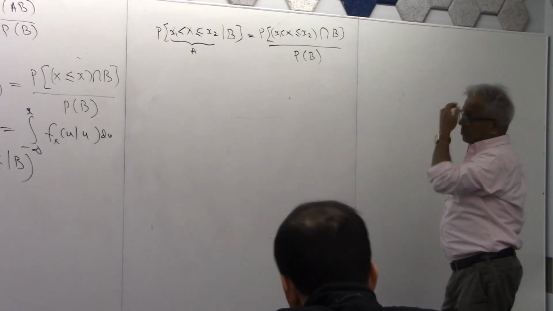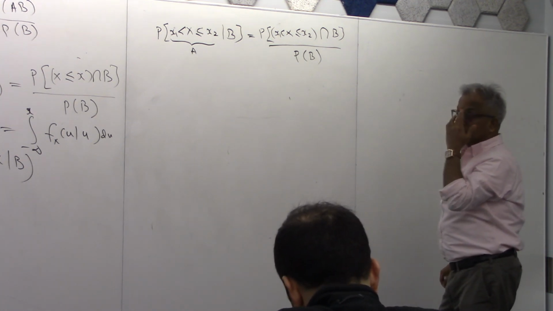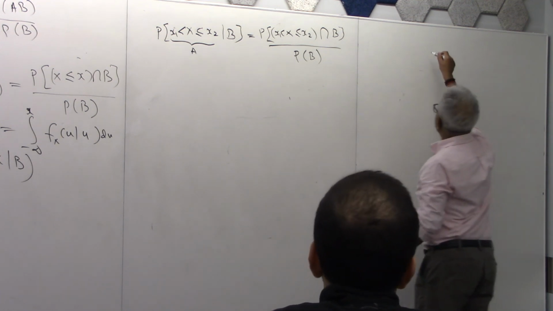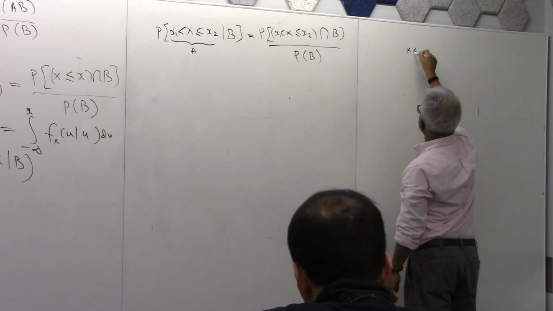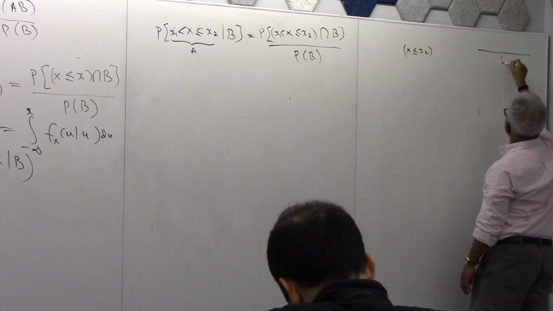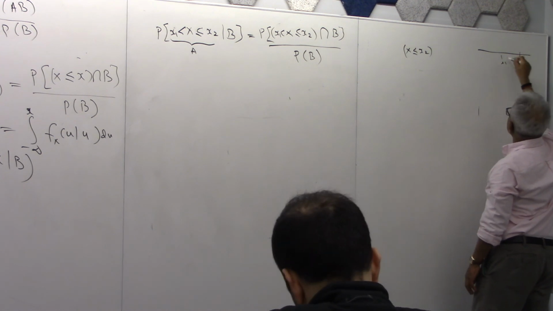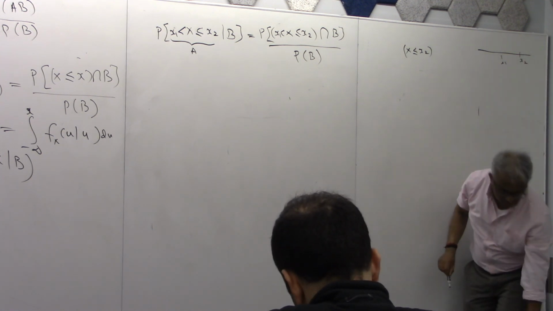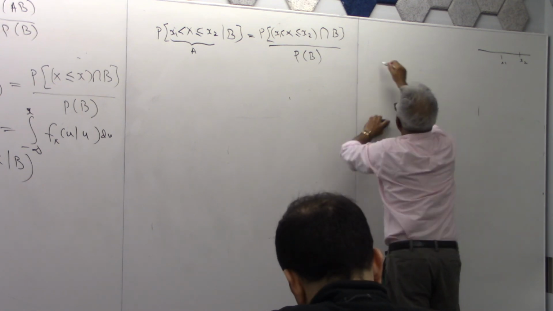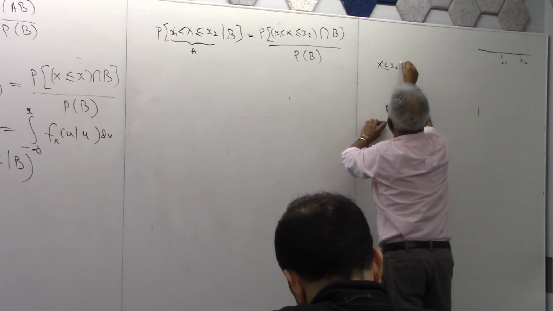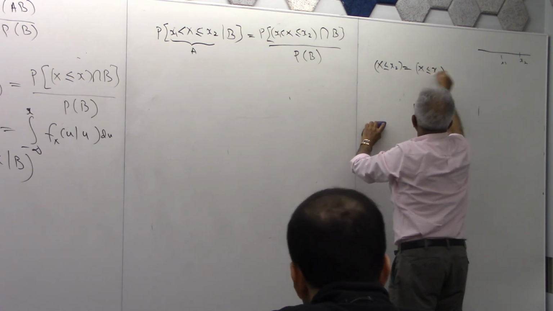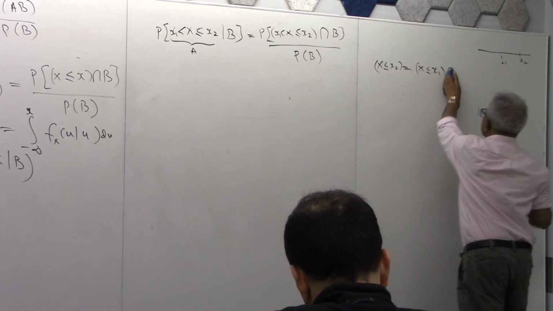Now, anybody remembers how to write the numerator in terms of the distribution function? If you don't remember, let me quickly redo this. So let's say x1 is here, x2 is here. So x2 is greater than x1. So we can write the event x less than x2 as the disjoint union.